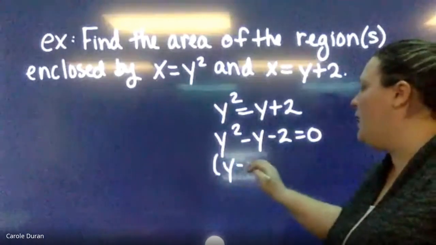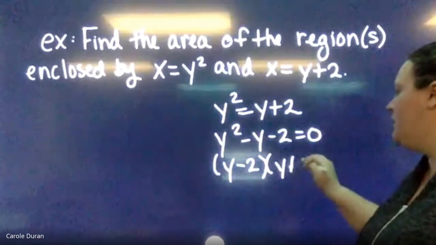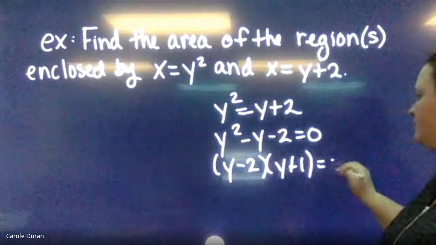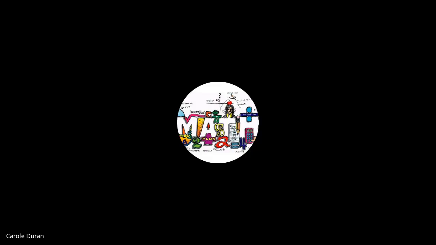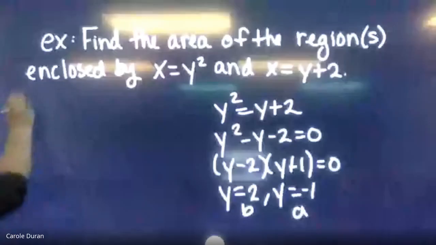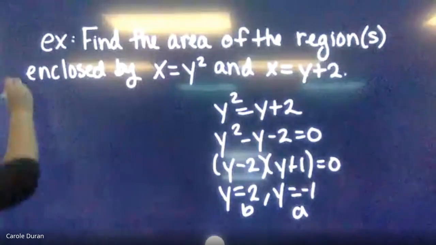I get y minus 2 and y plus 1, which gives me y equals 2 and y equals negative 1. So negative 1 and 2 are my bounds of integration, where my smaller one is the a and my larger one is the b. You also could have graphed this, but you don't necessarily have to. So I'm gonna go from negative 1 to 2.